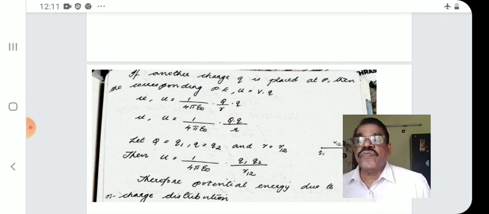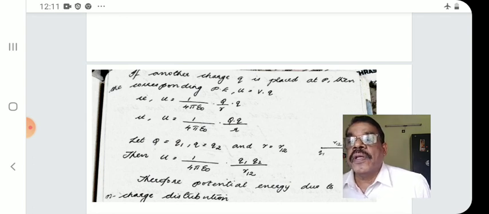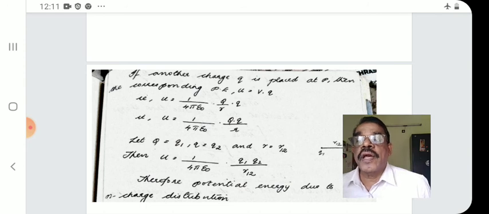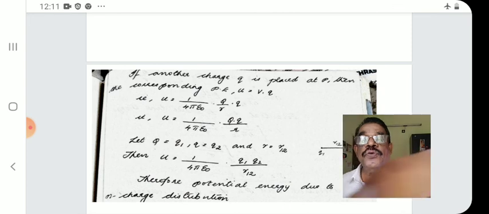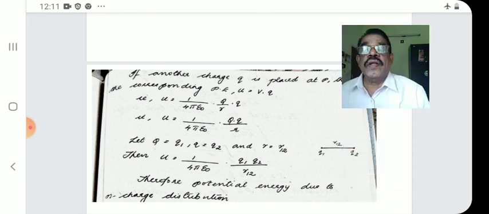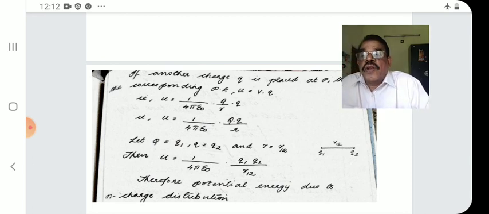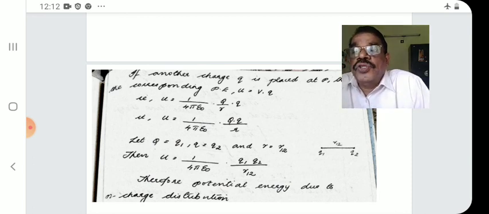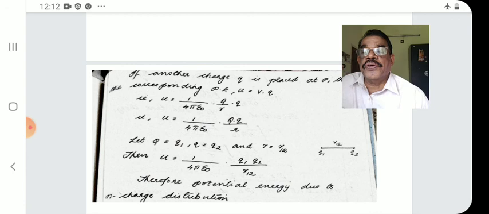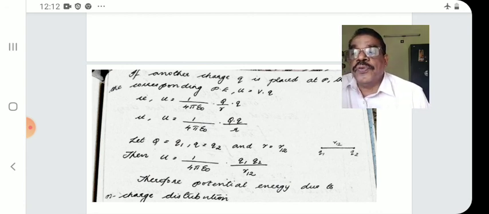And this equation we generalize. Let capital Q be Q1 and small q be Q2, and R is R12, the distance between charge 1 and charge 2. So the above relation we can rewrite as U is 1 by 4 pi epsilon 0 Q1 Q2 by R12.